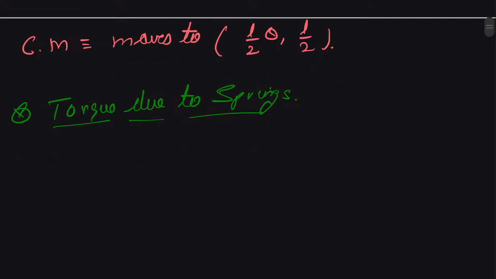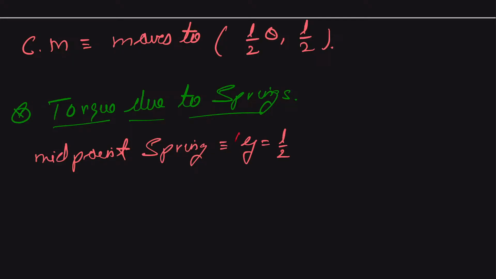We already said that our midpoint spring is pulling towards the left. The midpoint spring is at y equal to L by 2, and it is pulling left.